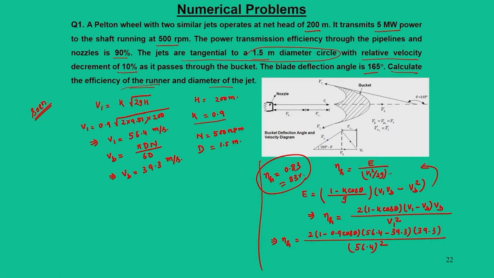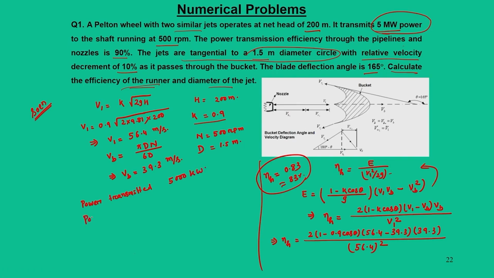Now, let us see how we need to find out the diameter of the jet, because we know there are two jets. One can say how much power we can develop, because the turbine transmits 5 megawatt power. Power transmitted is 5000 kilowatt.